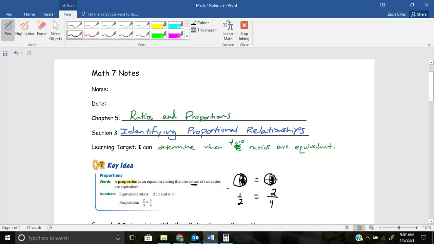This is a ratio, 1 out of 2 pieces, and this is a ratio, 2 out of 4 pieces, and this is saying that these two values are equivalent. And you can see that by this model.